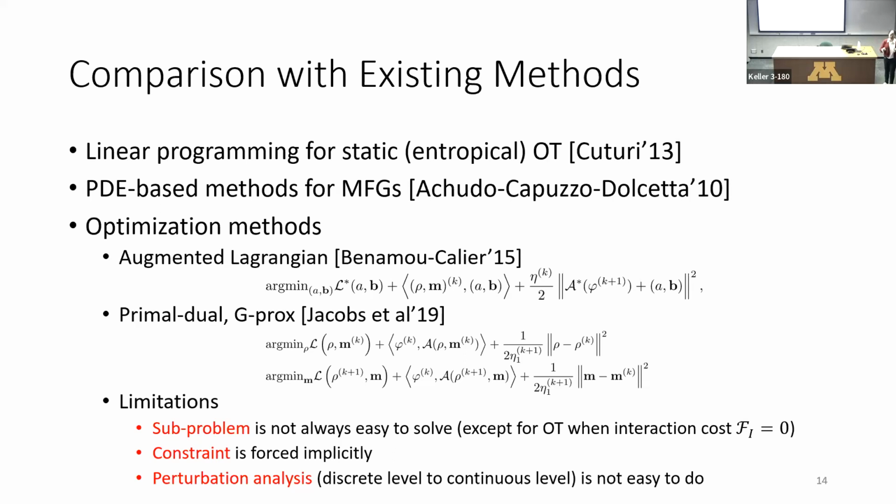So if you do some early stop, you cannot get a solution that closely satisfies your continuity equation. And this sub-problem makes it difficult for you to do some perturbation analysis to see whether your discrete solution converges to the continuous optimizer as your mesh gets denser.